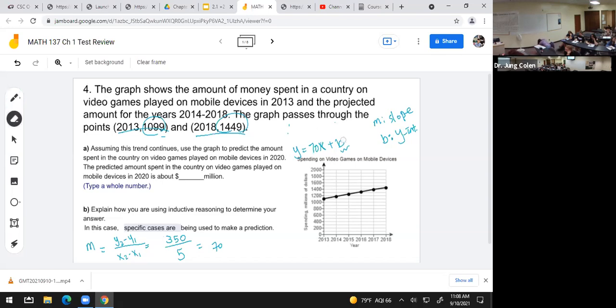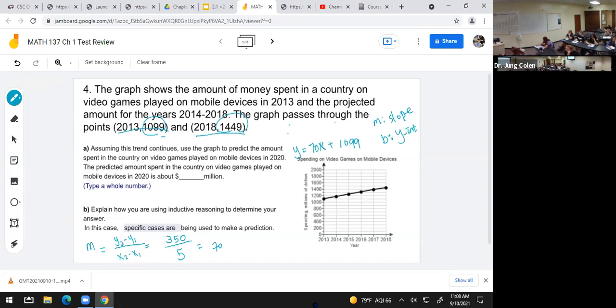So let me replace that with 1,099. So that's our graph. Okay? And what does it say here? Assuming this trend continues, which means we can extend this linear graph here.